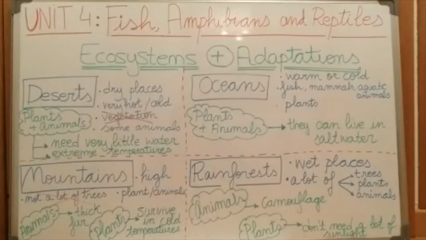Well, plants and animals need very little water because, as you know, in the deserts there is no water. And also, plants and animals in the deserts can survive in extreme life conditions, of course, with extreme temperatures.